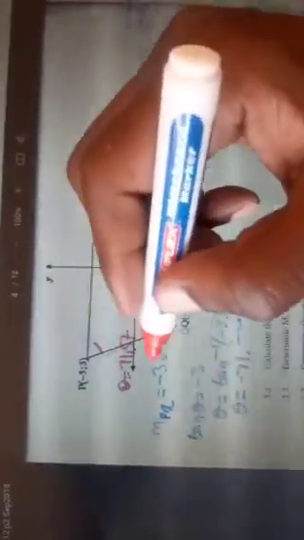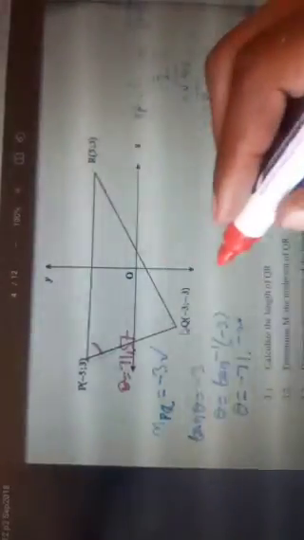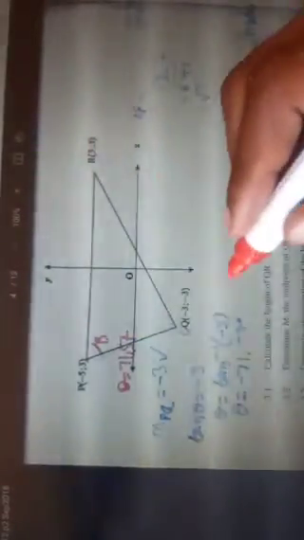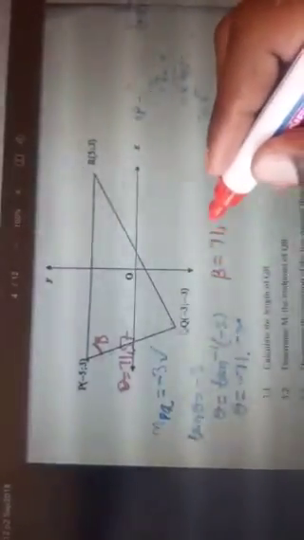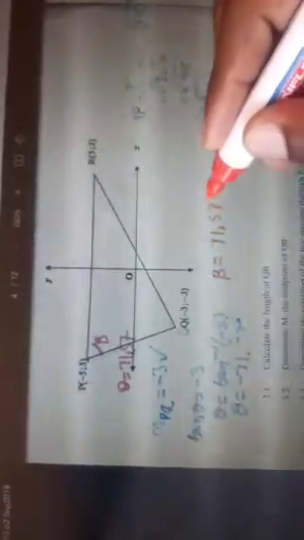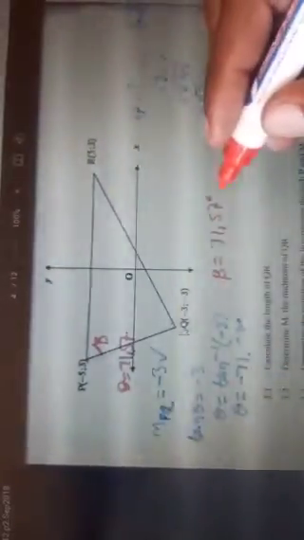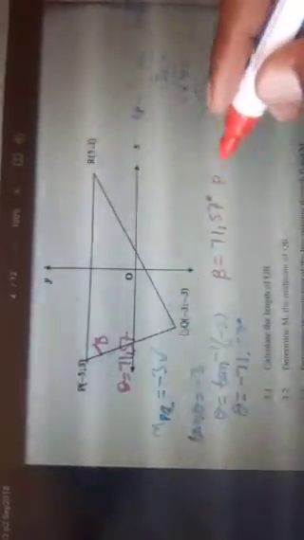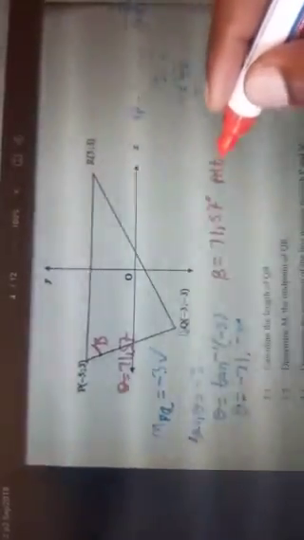Now, how to get this one? Obviously, this will be an alternating angle. So let's give it beta. Angle beta equals 71.57 degrees. Now we must give a reason. The reason is alternating angles.